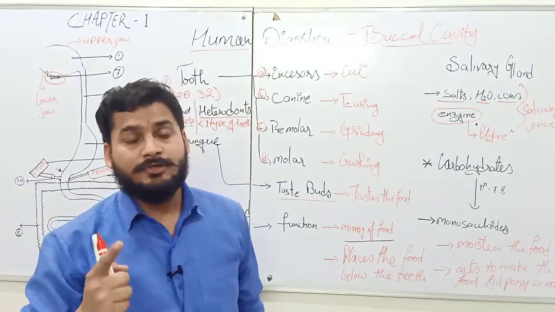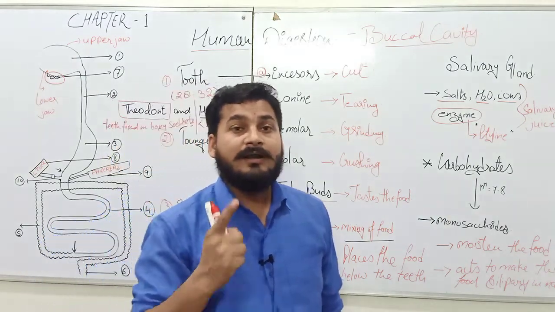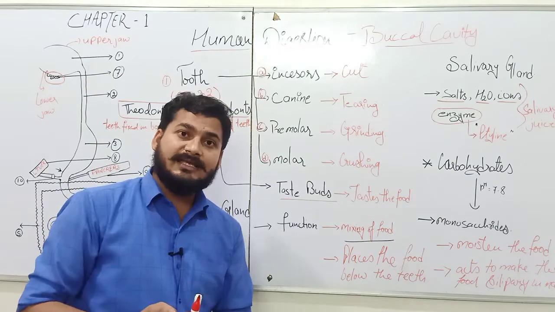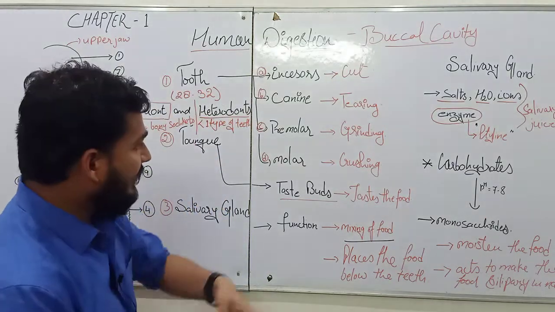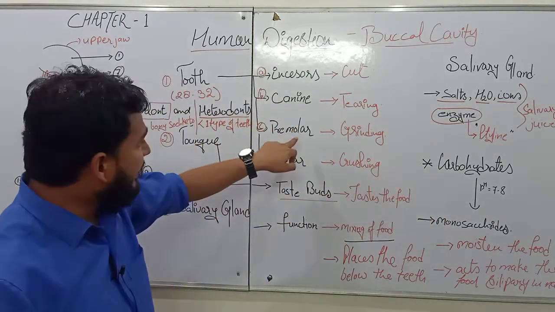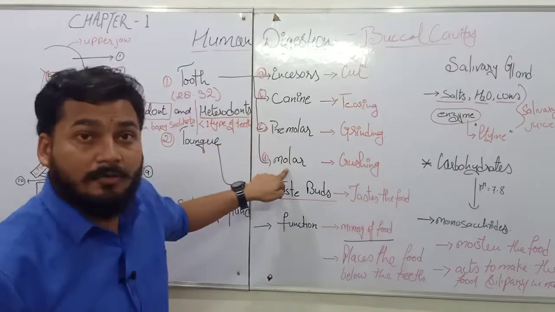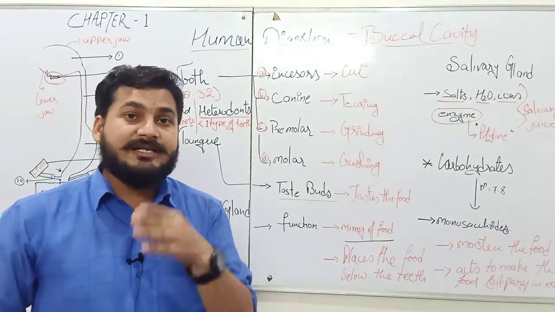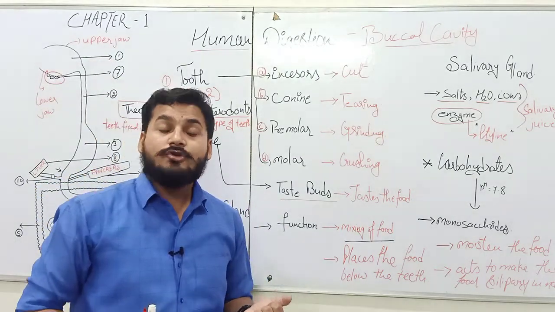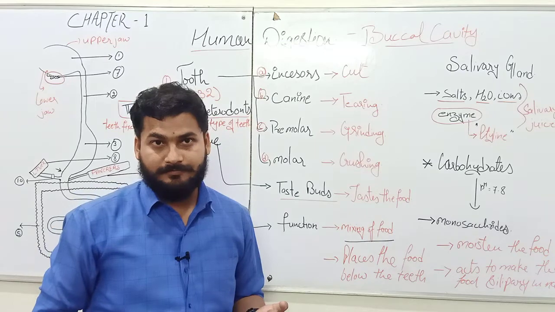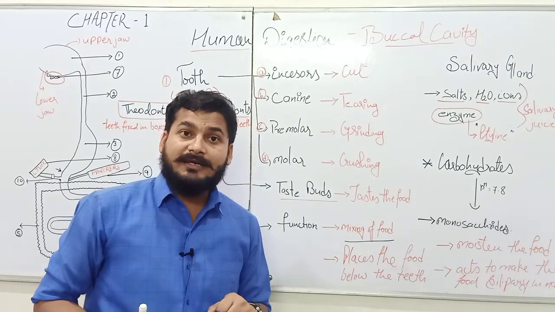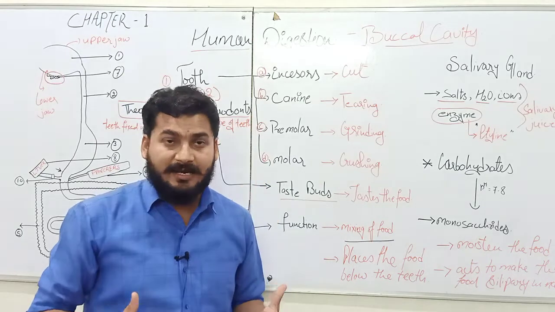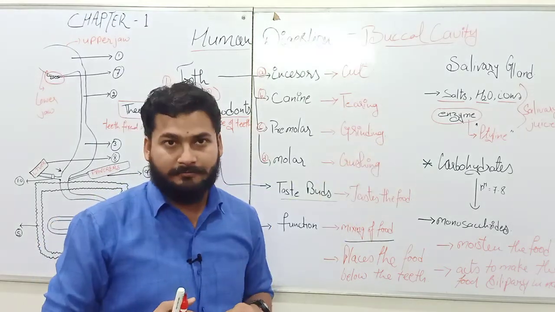This is the property of enzymes, to act over a larger surface area. The higher the surface area, the more is the activity of the enzyme, and hence to increase the surface area, these premolars and molars are continuously engaged in crushing and grinding of the food so as to make it a paste. Because after being converted into paste, it will give a larger surface area for enzymes to act upon.